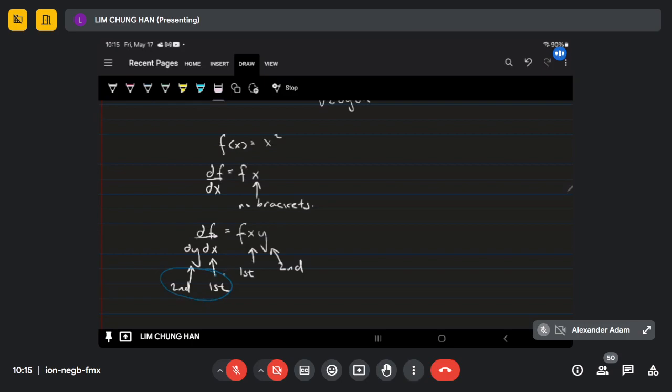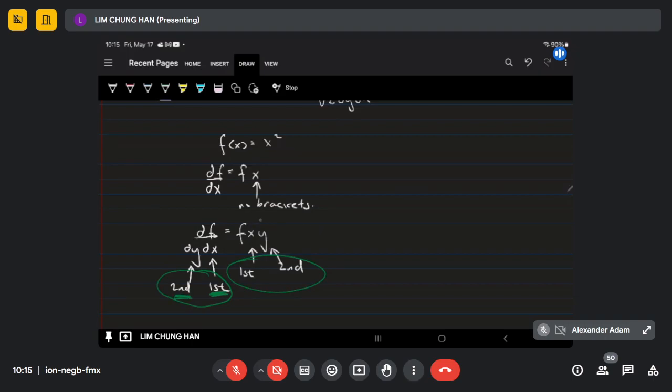Let me use another color. Green. The only thing you have to pay attention to is this and that. If I do df over dx dy, that means the first variable that you differentiate against is the one on the right, and then you differentiate against this.